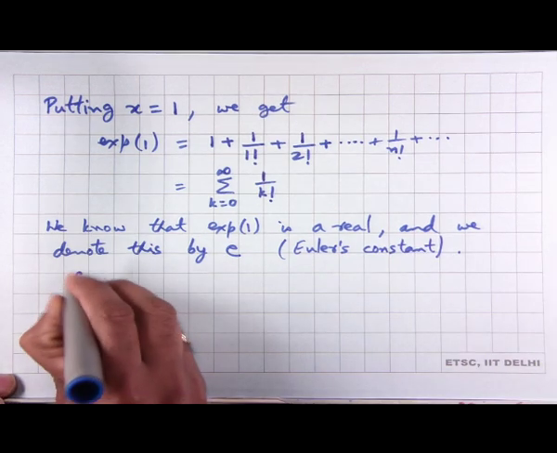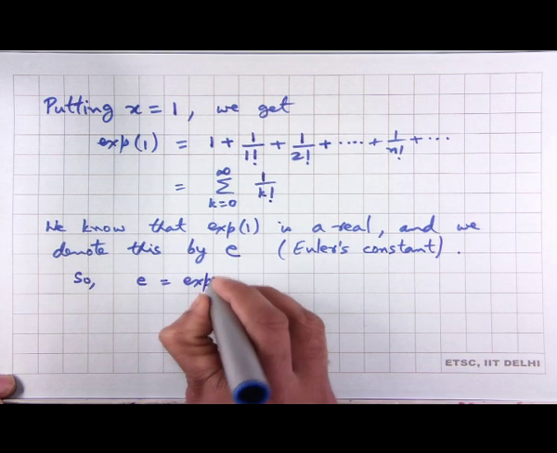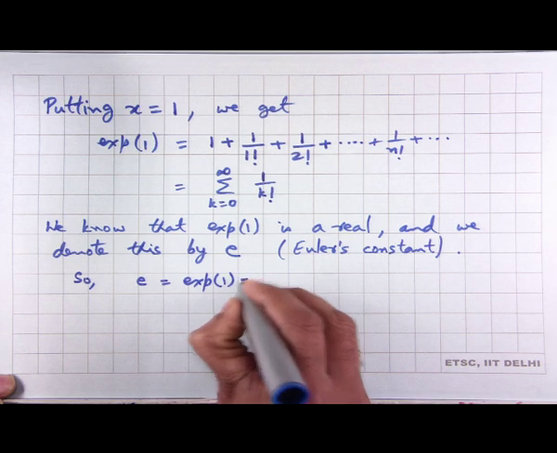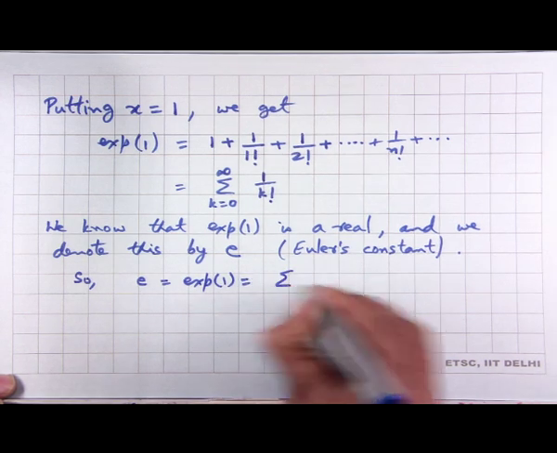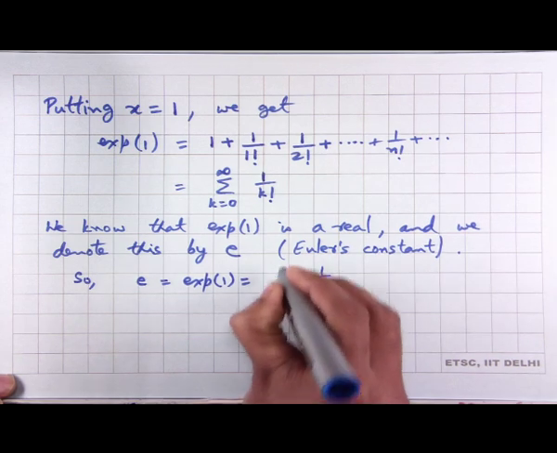So, E is exponential of 1, which is equal to summation of 1 over k factorial, k equal to 0 to infinity.